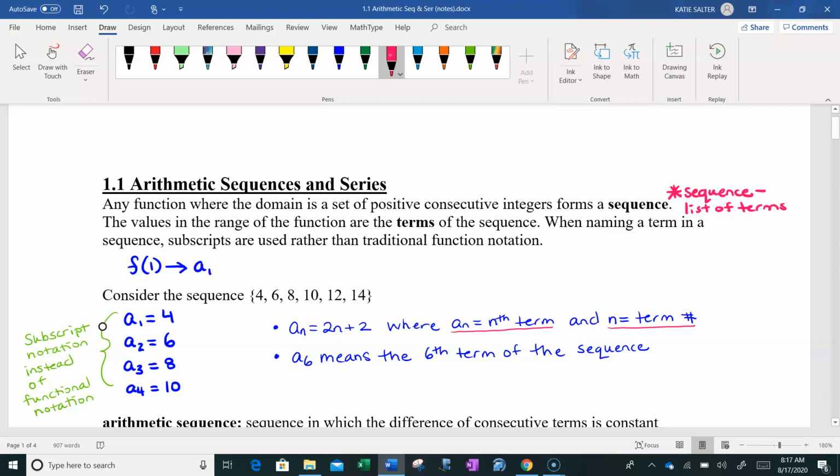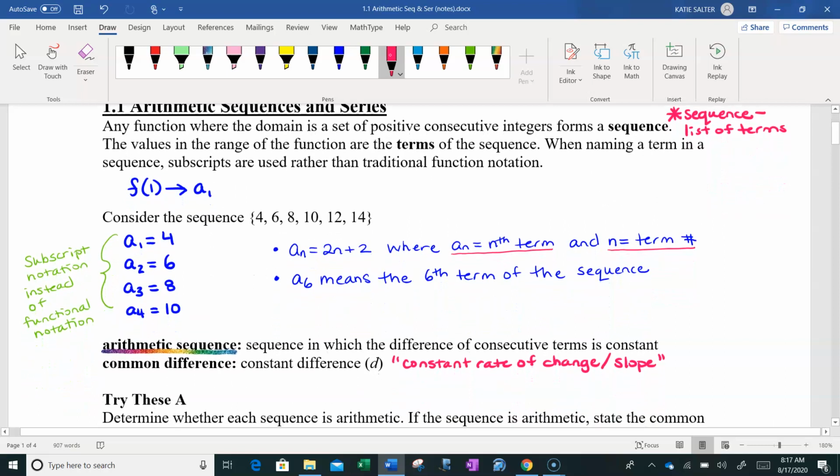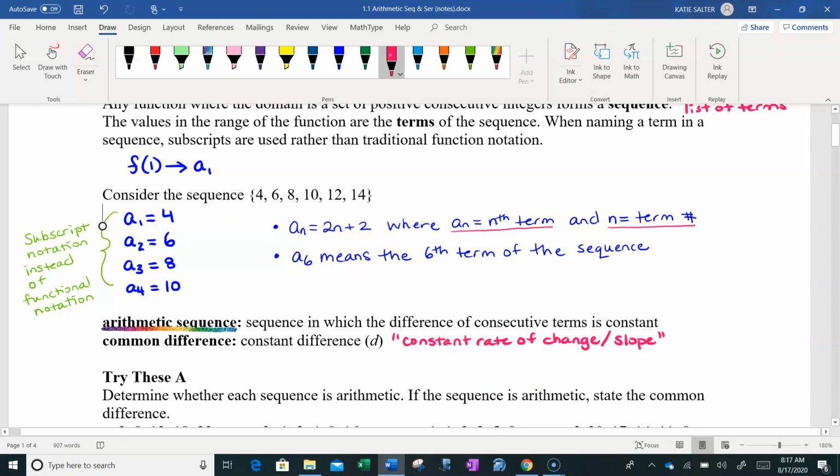All right, so today we're going to focus more on what we call arithmetic sequences. I know when you see that term, you probably say, Miss Salter, that says arithmetic. And it can be pronounced arithmetic, but when we're talking about sequences and series, we actually pronounce it arithmetic. So an arithmetic sequence is a sequence in which the difference of consecutive terms is constant.